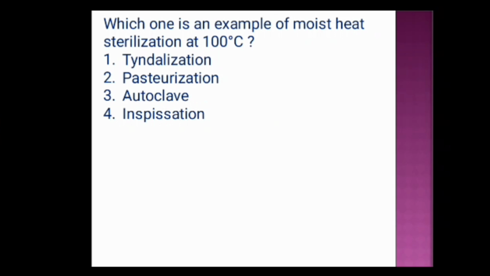Next question. Which one is an example of moist heat sterilization at 100 degrees centigrade? Option 1, tyndallization, option 2, pasteurization, option 3, autoclave, option 4, inspissation. And the correct answer is option 1, tyndallization.